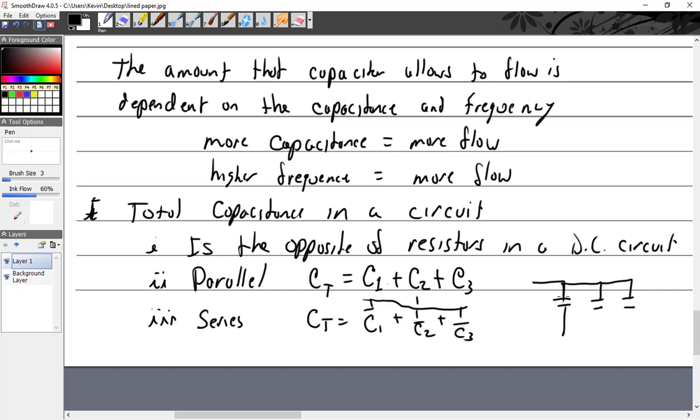So you can see that it comes to here, and you have that plate, comes over to here, and you have that much plate, come over here and have that much plate, and you can kind of imagine that you could just squish them all together, and it would just look like this. Right? And so you just add it up. So in parallel, it's easy. Here's the bottom of the plates, and they just kind of connect together. And so all of the surface area is easily just added together. So that's why in parallel, it just becomes plus, plus, plus. But when you put them in series, why does it become all goofball?